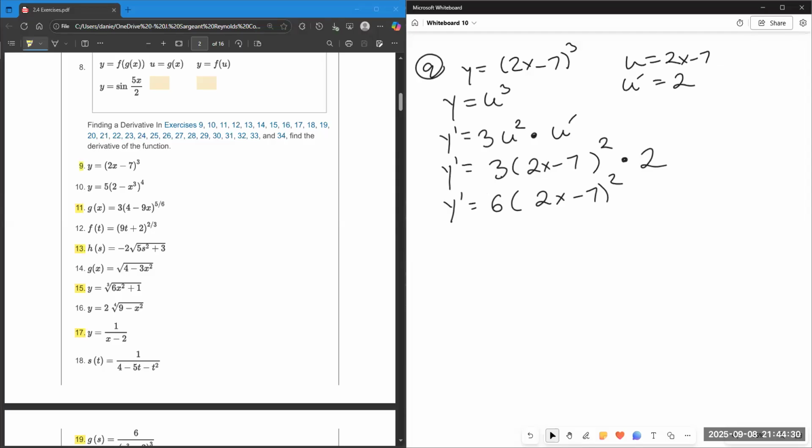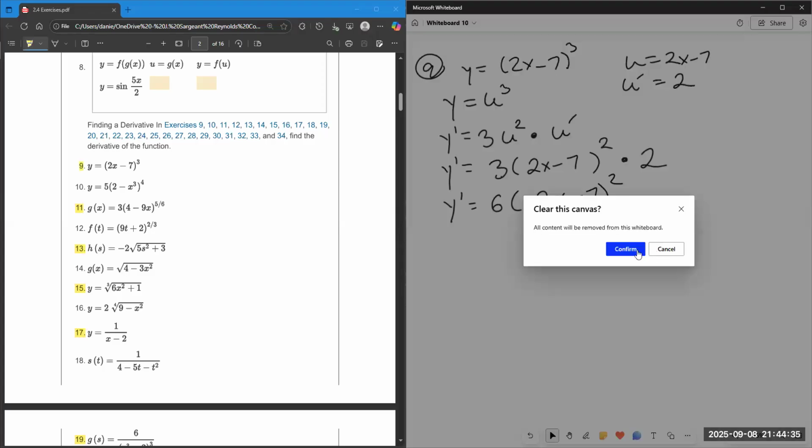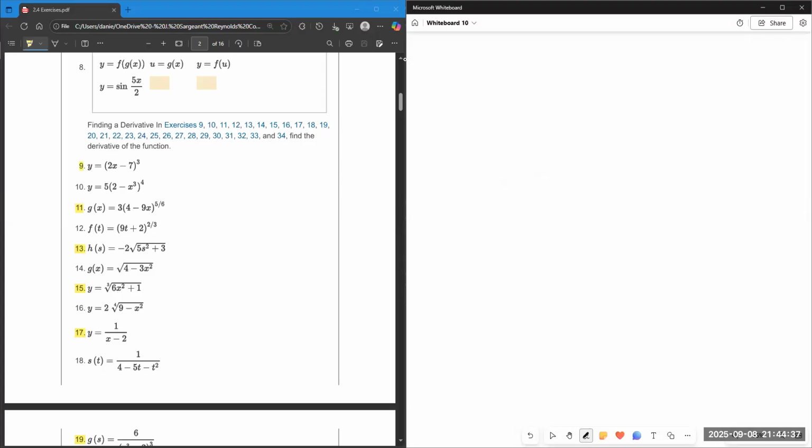Let's go ahead now and look at number 11. G of x is equal to 3 times 4 minus 9x to the 5/6 power.